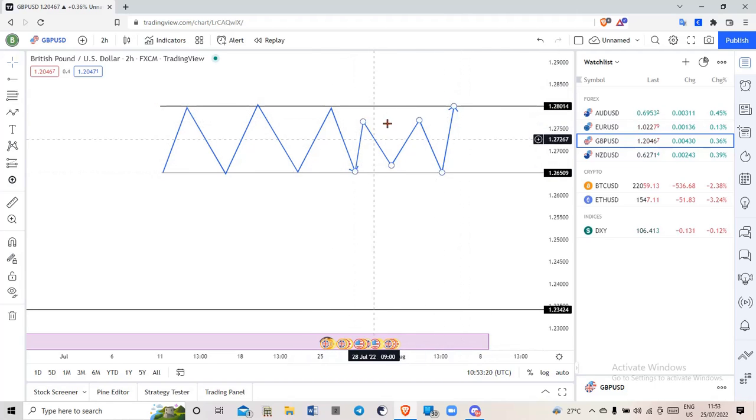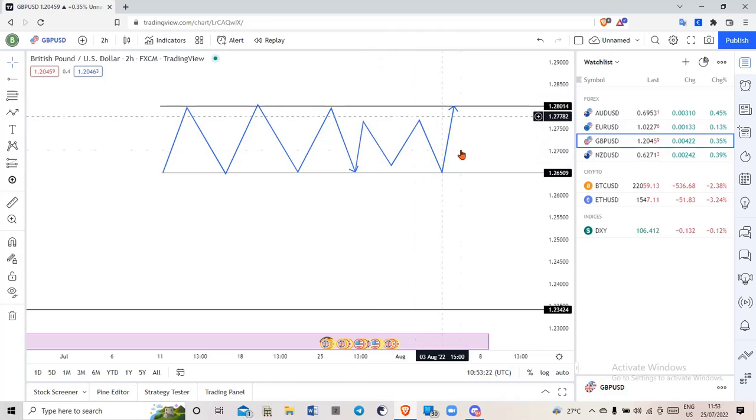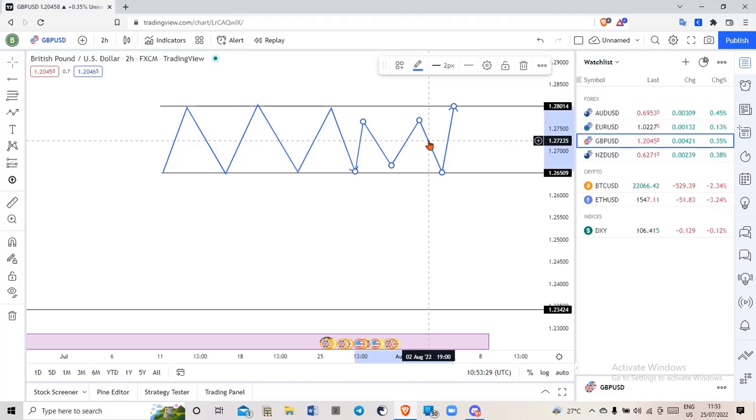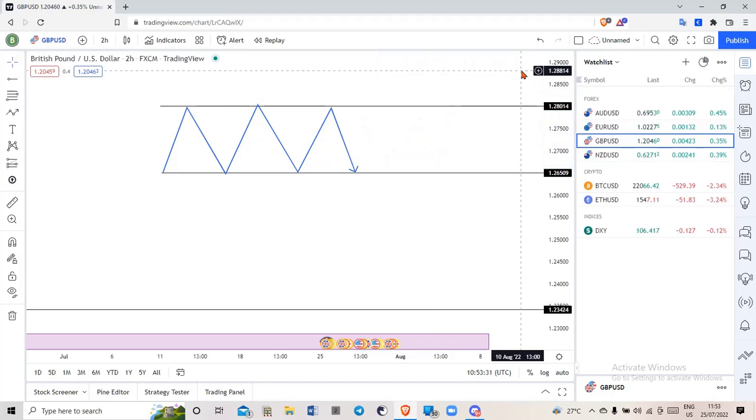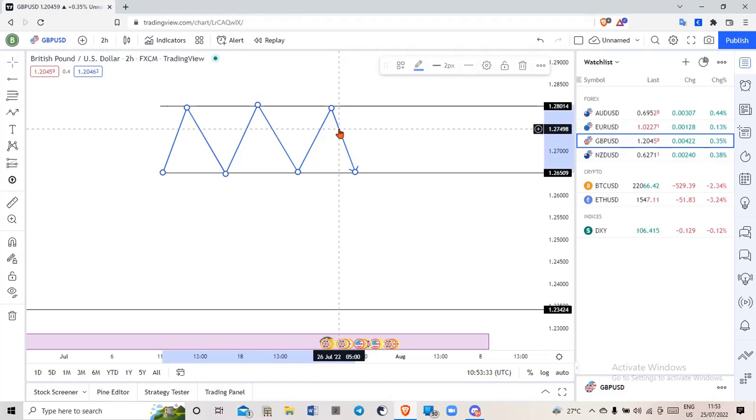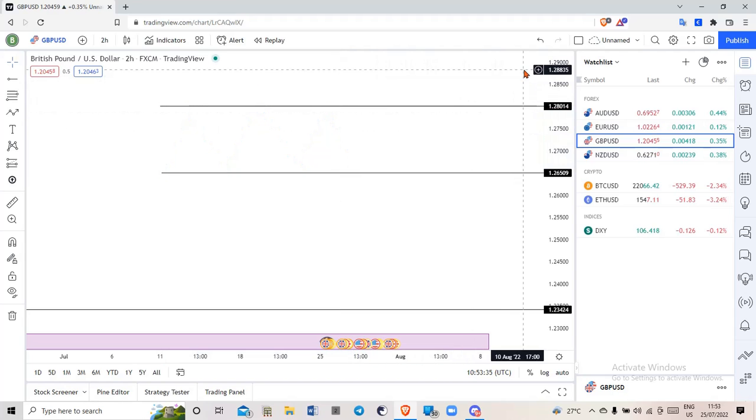So when the market is confined to a particular area, we can say that the market is moving sideways. It's not creating any nice structure. Most of the time, it could be a very choppy market, just going up and down, some kind of erratic movement.